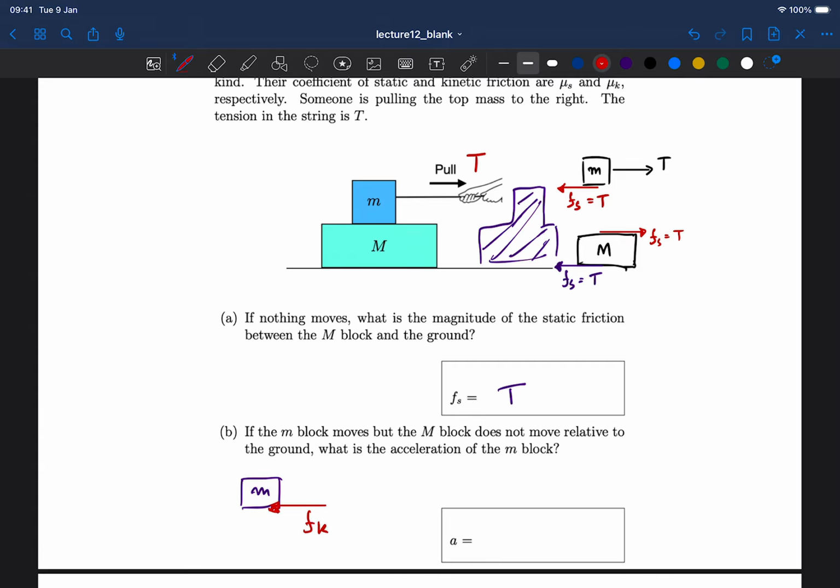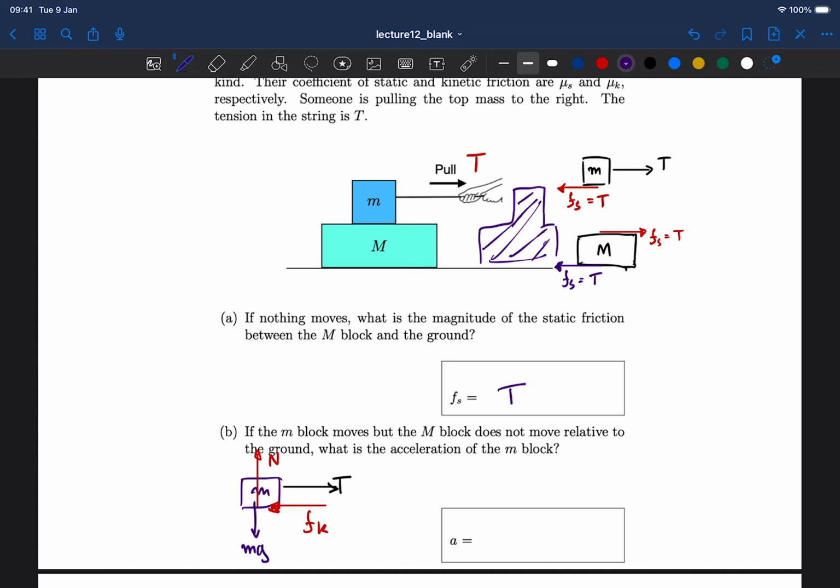So Fk, and then tension to the right. And you also now need to consider the normal force because you need Fk and then mg.